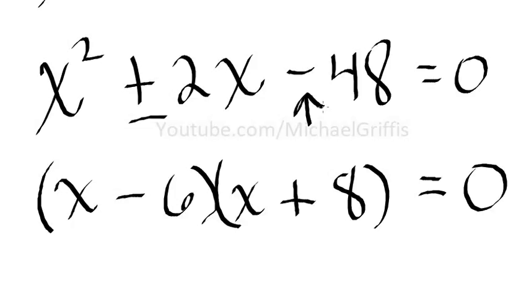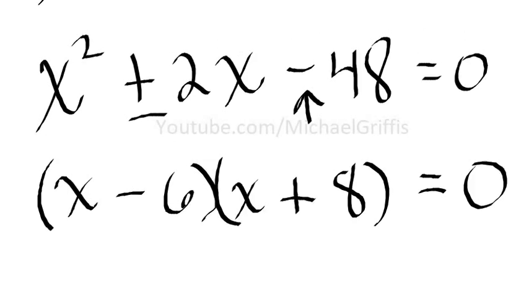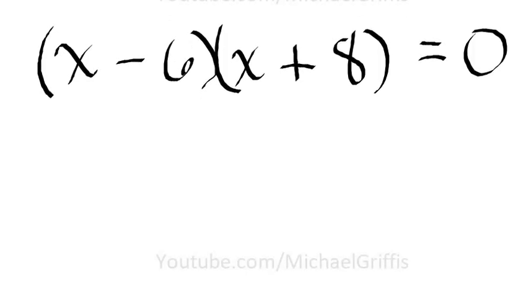So there we go. I believe that's going to do it. Negative 6 times positive 8 is negative 48. When we add them, we get a positive 2. Let's go ahead and set both these terms equal to 0.